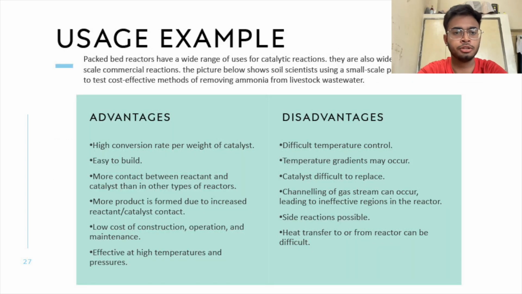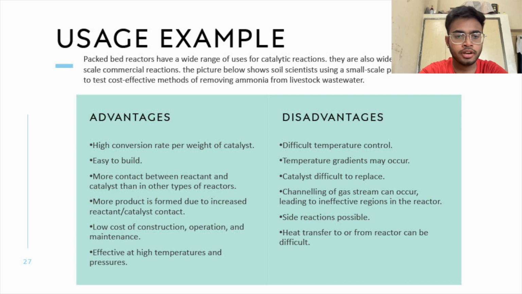Now let us consider usage examples of the packed bed reactor. These reactors have a wide range of use in catalytic reactions. They are also widely used in small scale commercial reactions. In this table, we can see the advantages and the disadvantages depicted for a packed bed reactor. Advantages include high conversion rate per weight of catalyst. They are easy to build and maintain.